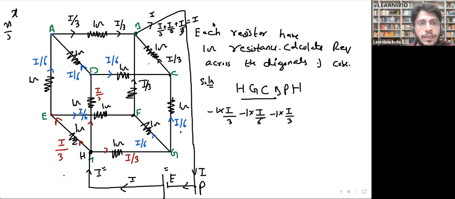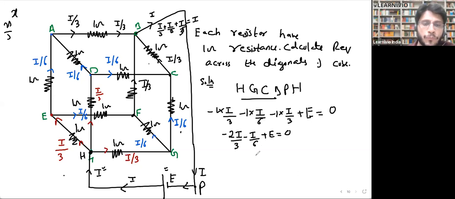Then we move from here to here, and then we travel from lower to higher terminal. That's plus E is equal to 0. I by 3, I by 3, and I by 6. So it's minus 2I by 3, minus I by 6, plus E is equal to 0.